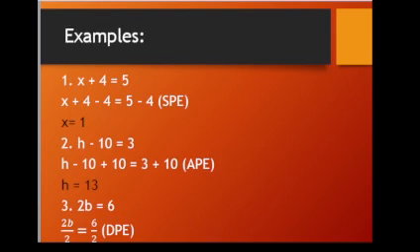Okay, let's have the following examples. And we need to solve the following equations. Number one, we have x plus 4 equals 5. Our aim is to find the value of the variable x, or what number we're going to replace x with so that the given equation is correct.